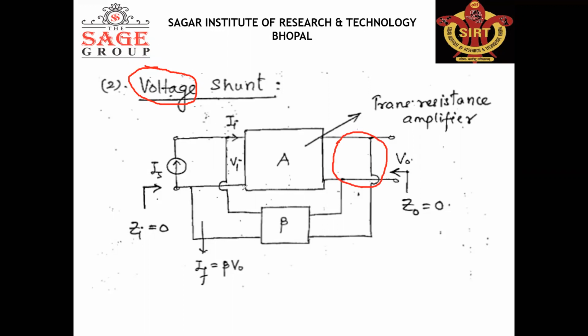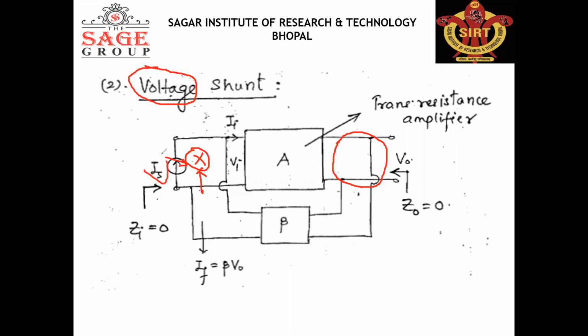Shunt means mixing is done in shunt form. Two signals are mixed in shunt form. So we already know that two signals will add in shunt form only when both signals are in the form of current.